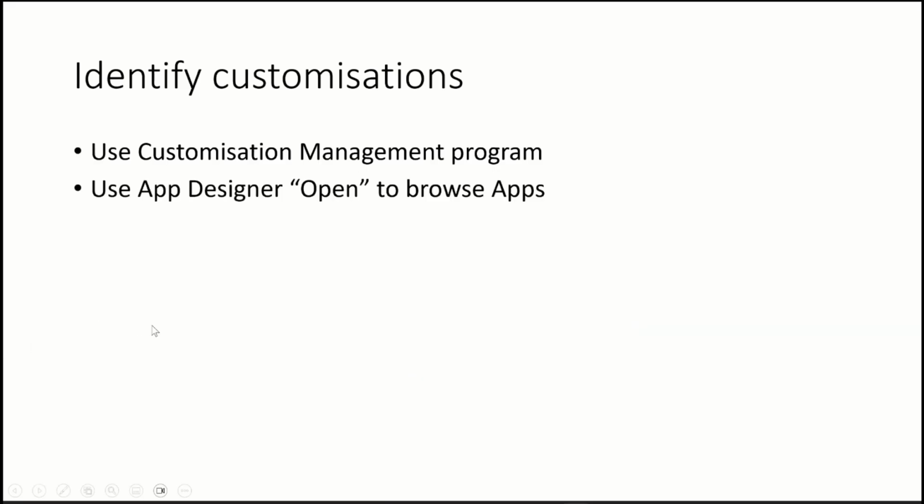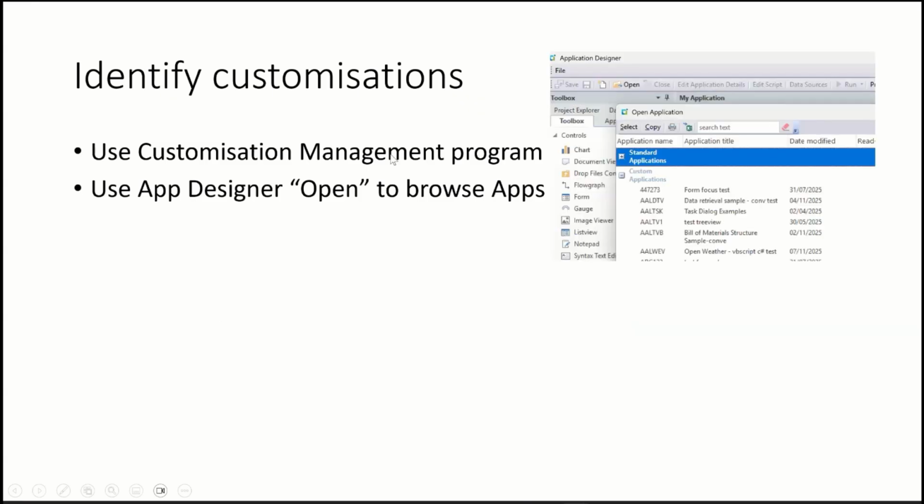In App Designer, if you go into the Open Existing Apps button, which is up the top in App Designer, you'll get a list of all the custom applications that you've actually got. So simply look at that. You could equally look at the base settings App Designer folder and just look at all the files in there.